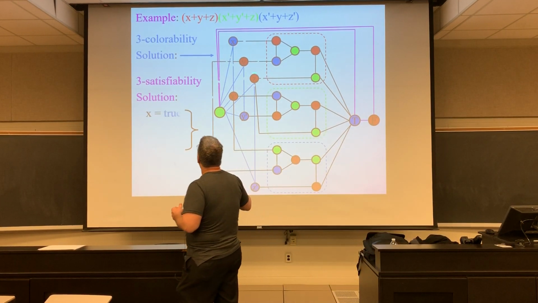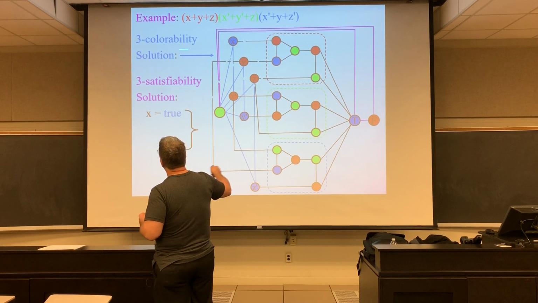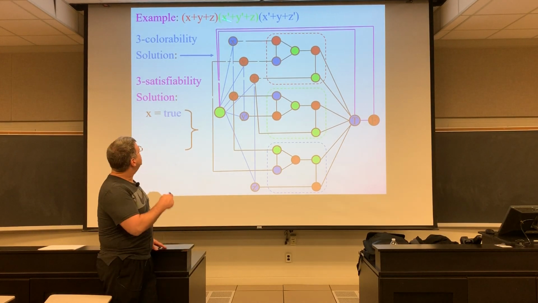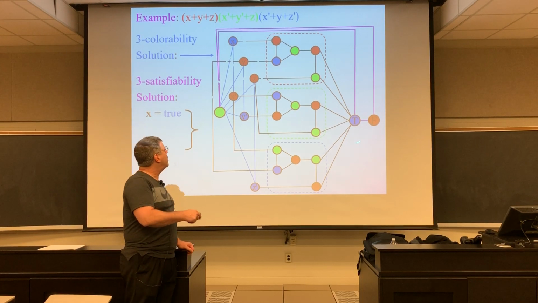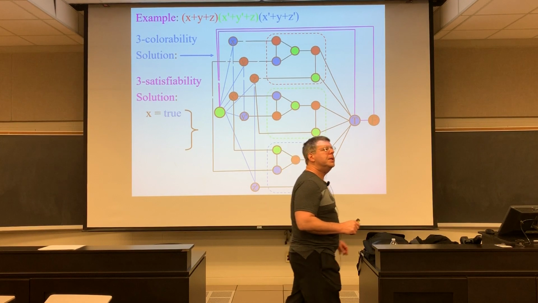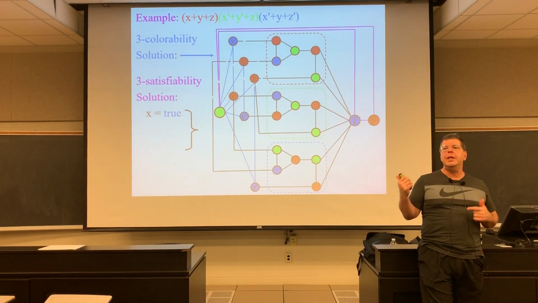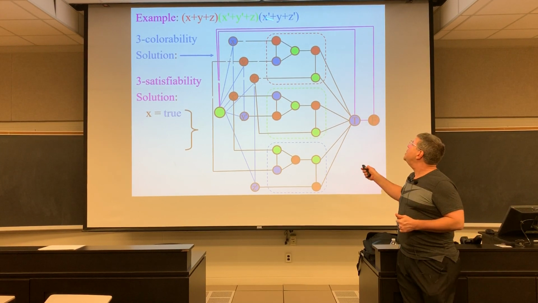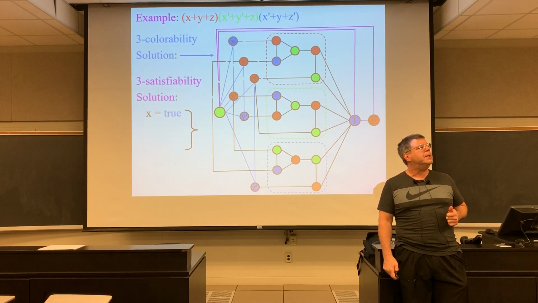Because this graph captures all these relationships that this formula asserts. These logical relationships that are asserted by the clauses and the variables and the negations of the variable in this formula are all captured by this graph according to colorability constraints. That's how we constructed this graph. That's why we constructed this graph in this way. So we convert a bunch of logical relationships up here into a bunch of colorability constraints down there.